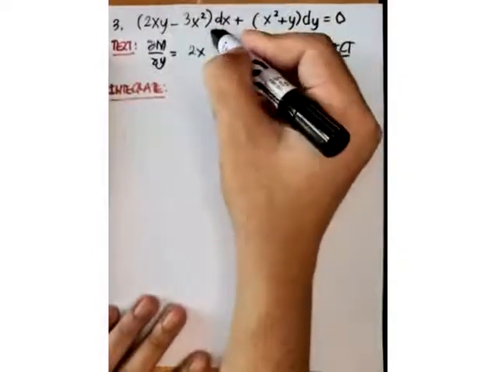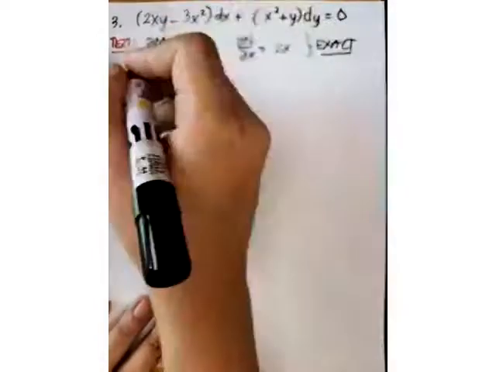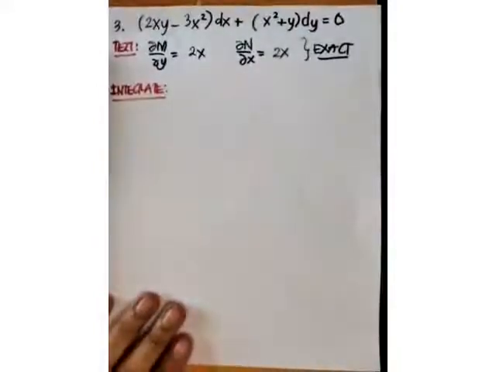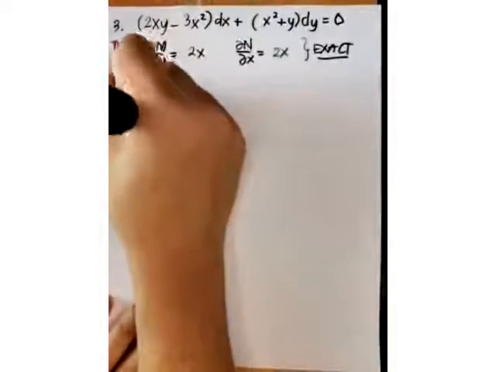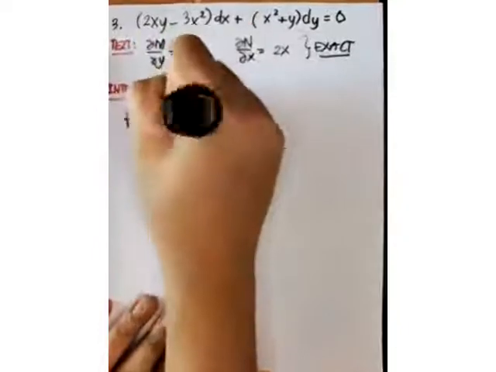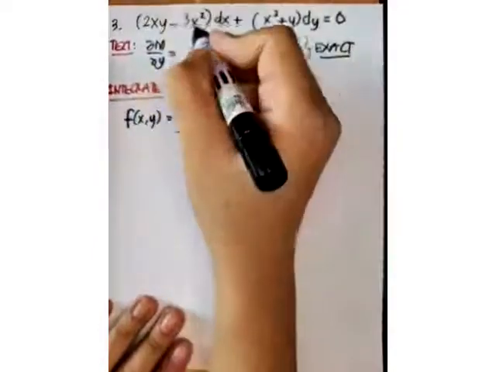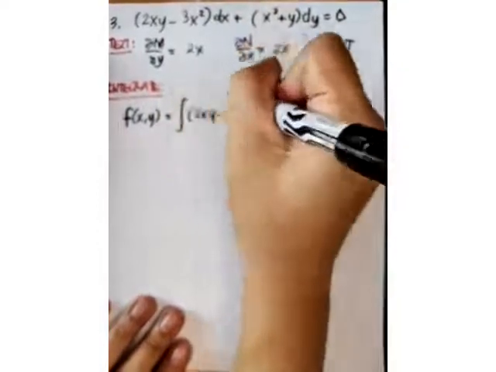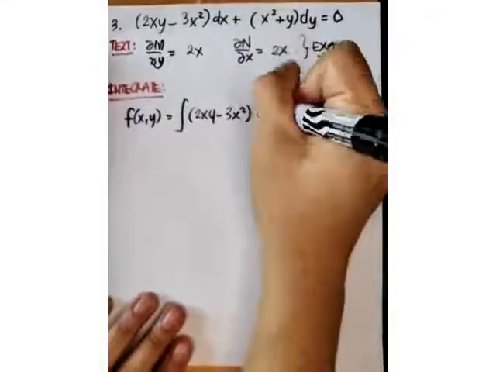Tingnan muna natin dito sa m. So, pipiliin natin yung m. So, ang gagawin natin, kailangan kasi natin ng function. So, yung function natin ay equal siya sa the integral of, pipiliin na lang natin ito. So, integral of 2xy minus 3x squared dx.